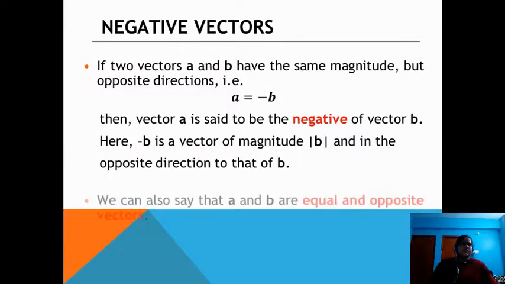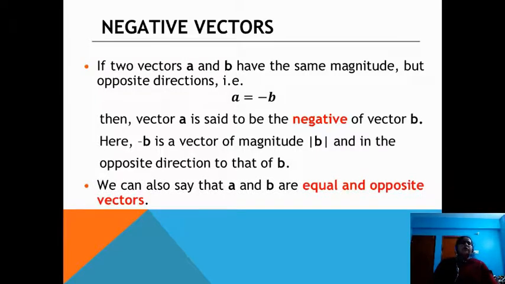We can also say in this case that A and B are equal and opposite vectors. Equal because they are equal in magnitude, but opposite in direction.